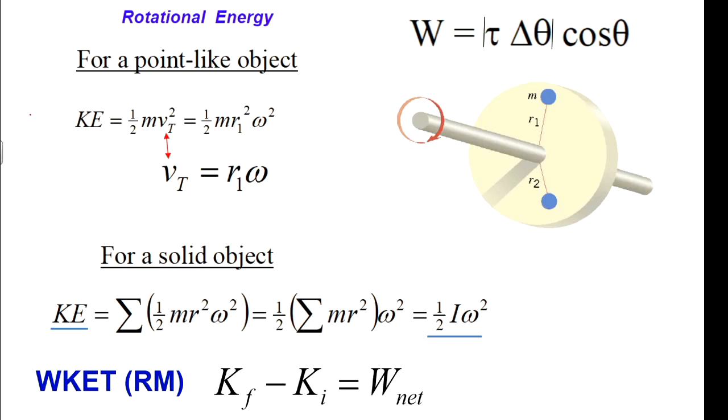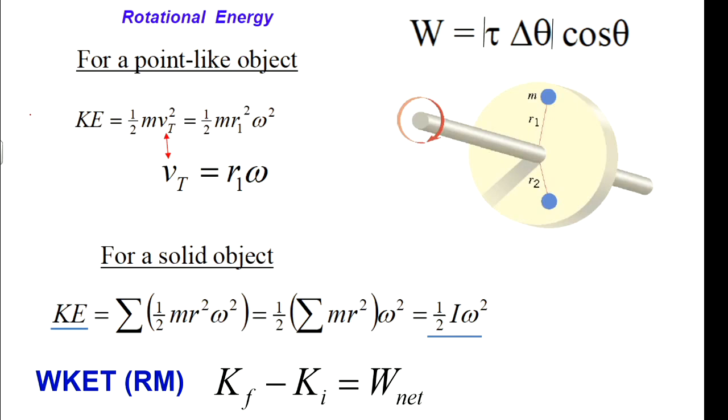What we have for kinetic energy of a spinning object is a very simple equation, 1/2 times moment of inertia times angular speed squared, very similar to translational. But instead of mass, we use moment of inertia. Instead of speed, we use angular speed.